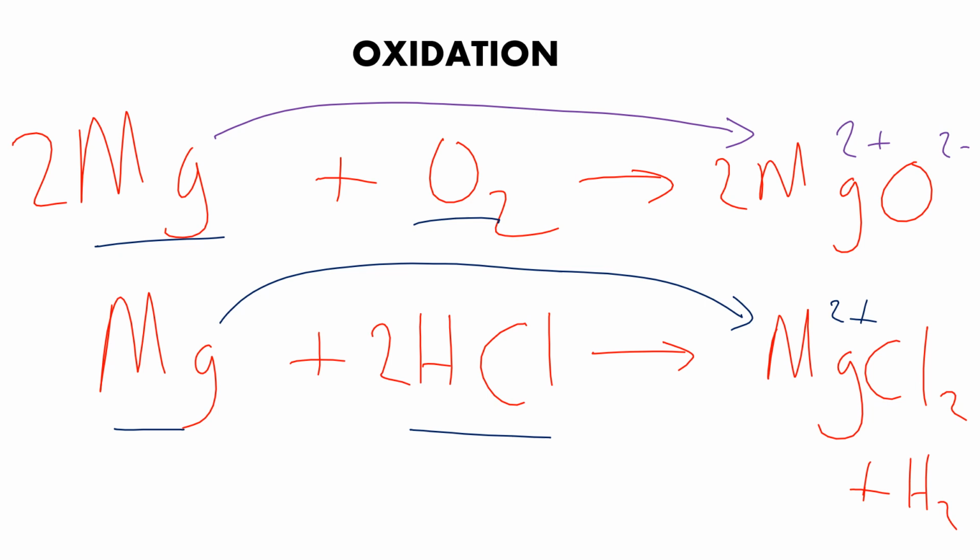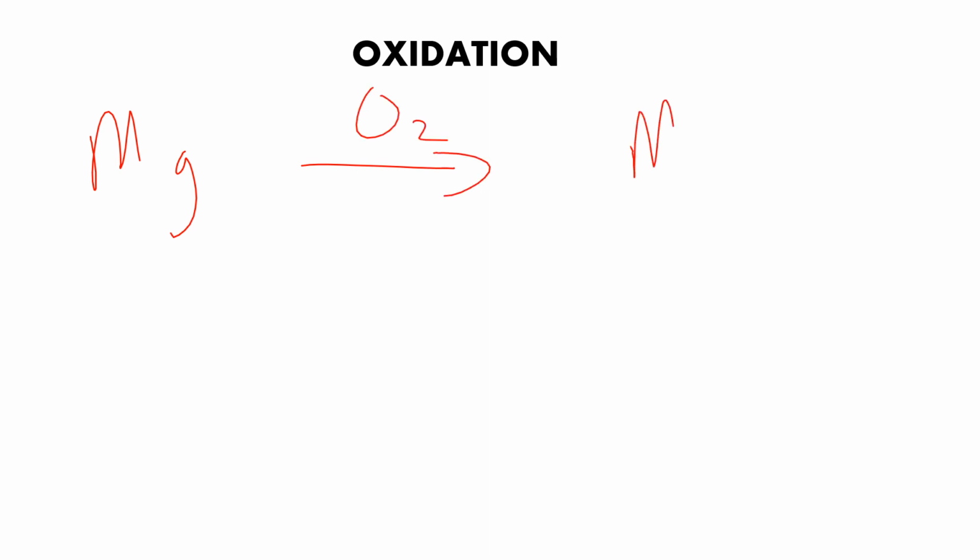So we need to ask the question, what do both of these reactions have in common that make them oxidation reactions? I think it's pretty obvious, but let's see what happens to the magnesium in each case. First, with oxygen. We'll stick with magnesium, reacts with oxygen, and it forms magnesium ions, plus 2.